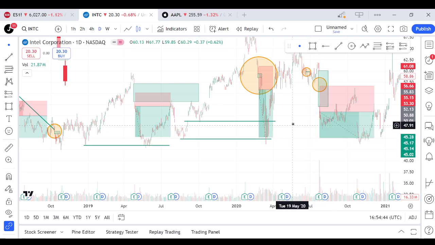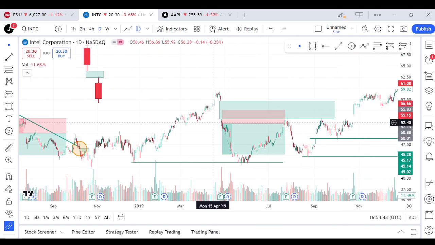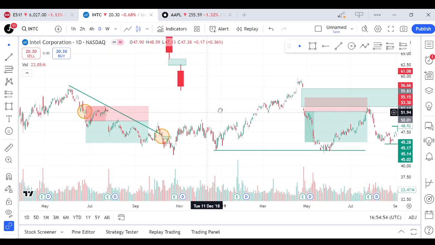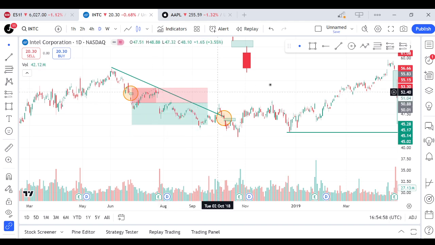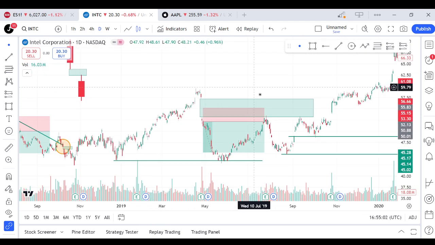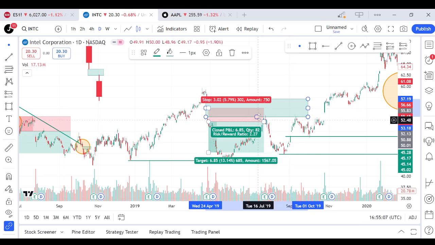Personally, once I see this pattern, I would typically go to the lower time frame. After the pattern is complete, I'll go to the lower time frame to look for selling trades that will enable me to sell. Also, I'd like to look for the filling of the gaps.